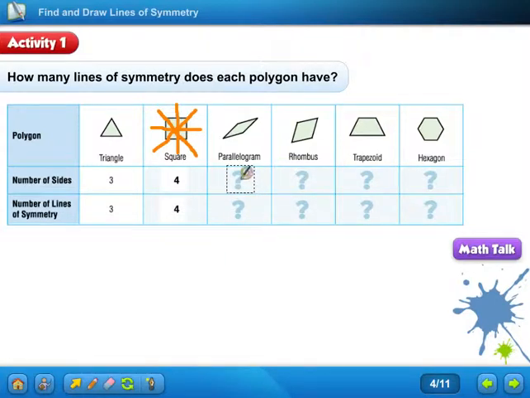Number of sides for a parallelogram is 4. Number of lines of symmetry? What do you think?